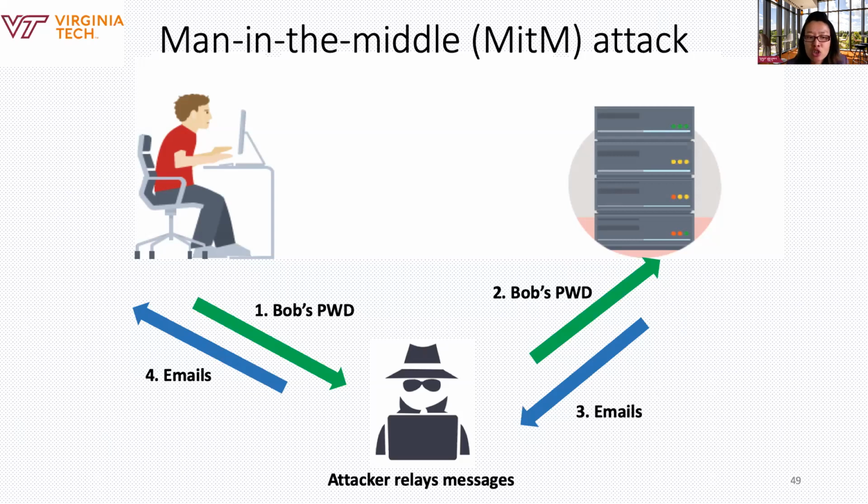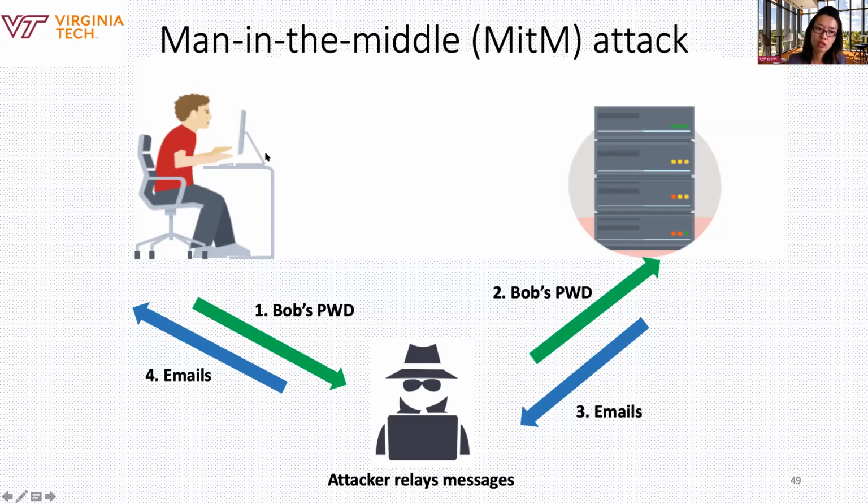That is the beginning of the problem. Number one, right? Bob entered his password into the attacker's server website because Bob didn't authenticate the attacker, didn't check that this is a real website.